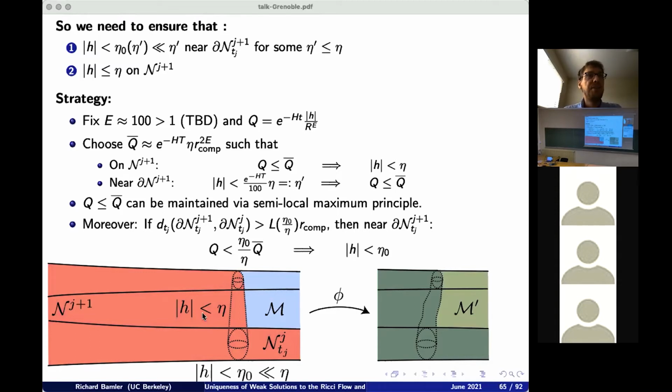In order to get this additional decay, we have to make sure that the staircase pattern is very flat, so that the steps are very far away from one another. In other words, the distance of the 2-sphere of size 2 times r-com to the sphere of size r-com somewhere very far to the right is very large.